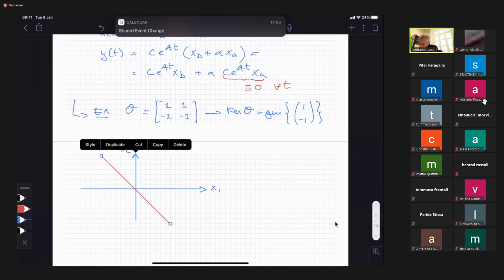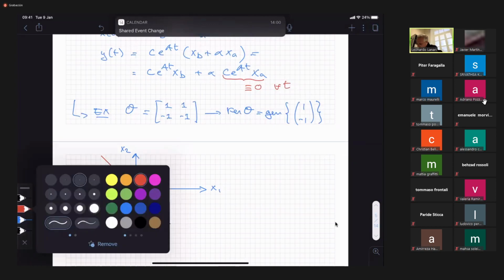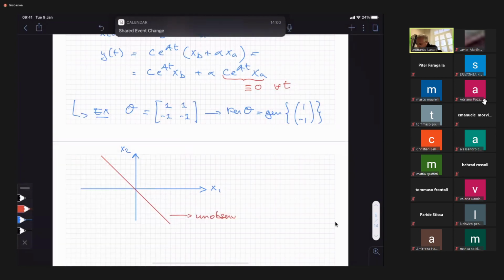So this is a set of unobservable states, and you see it's a linear subspace. It goes through the origin always. This is why we are considering the unobservable states, because these are kernel, and so they are linear subspace. The observable states are not a linear subspace.